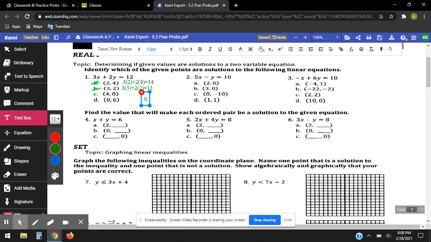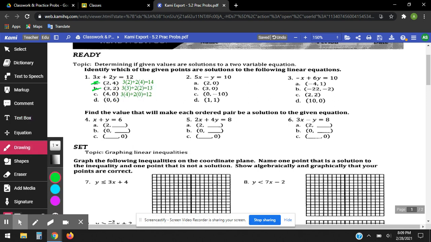3 times 4 this time plus 2 times 0. That should equal 3 times 4 is 12 plus 0 is 12. All right, that one works. So I can go ahead and mark this one as a good one.